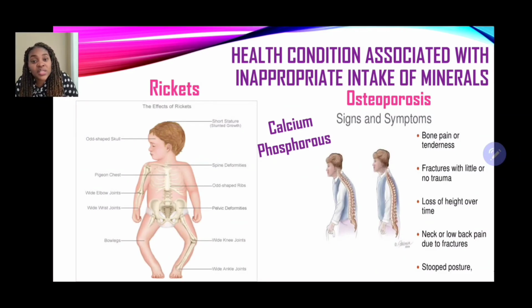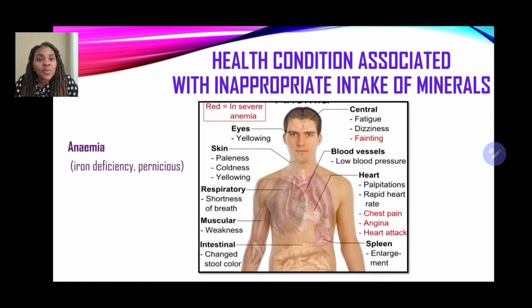There's also another condition called osteomalacia, which is similar to what a child who has rickets would experience, but osteomalacia often affects adults. Good.